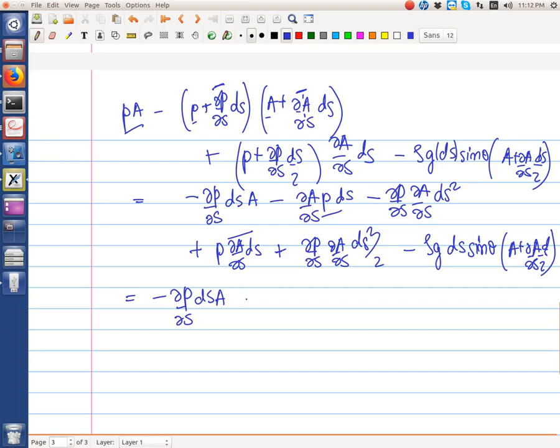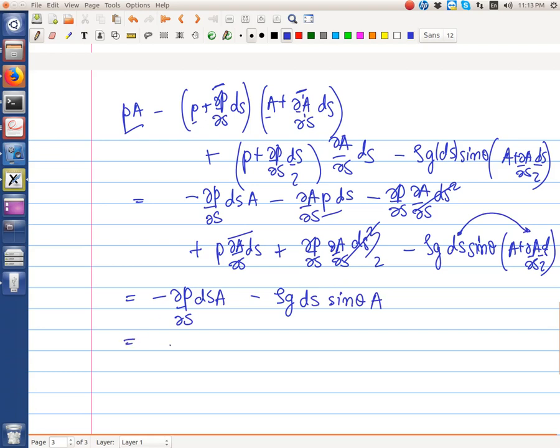So let's neglect all the terms involving delta s square, because in the end the limit is always delta s tends to 0. So this term gets cancelled, so this term only survives. So this term will be minus rho g ds sin theta into A. This ds when multiplied by this del A del S ds will give this ds square, which is then neglected.